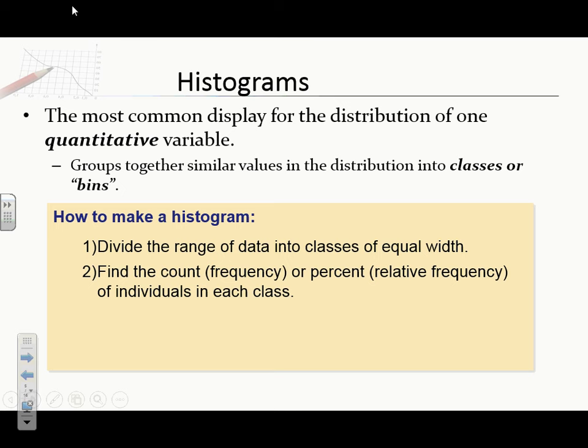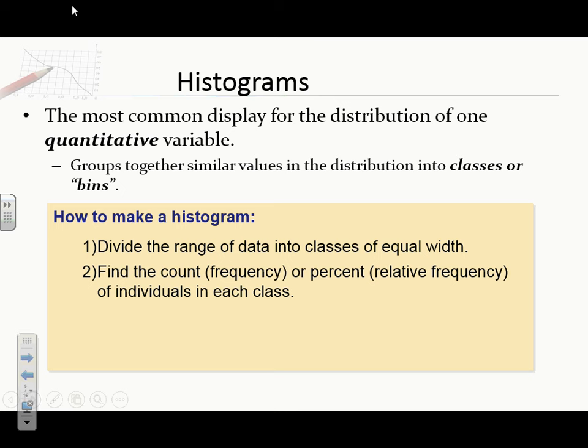If I have a list of classes, and I have how many individuals fall into each class, each category. Not necessarily conditional distribution, but we'd be creating a frequency table, right? If I have a list of values and I count how many individuals fall into each of those values, I'm creating a frequency table.